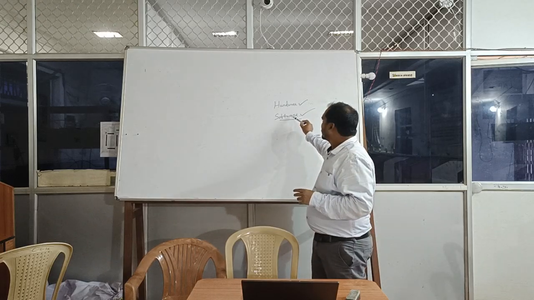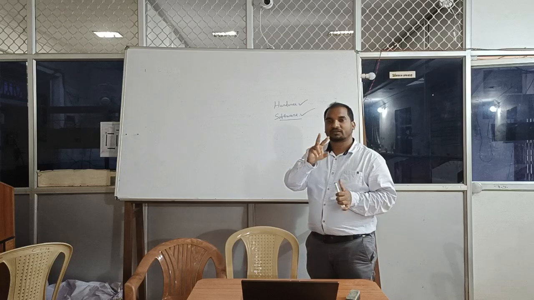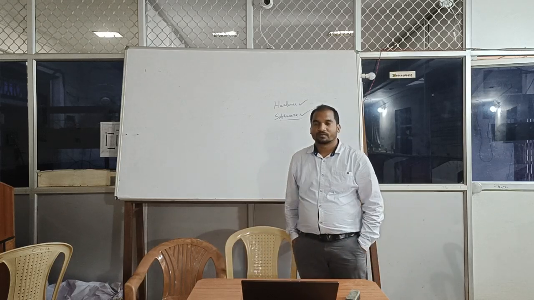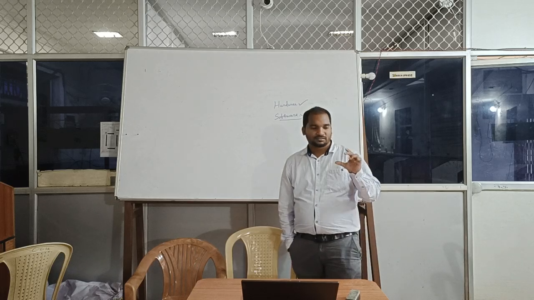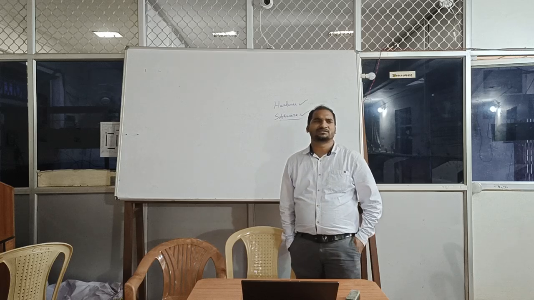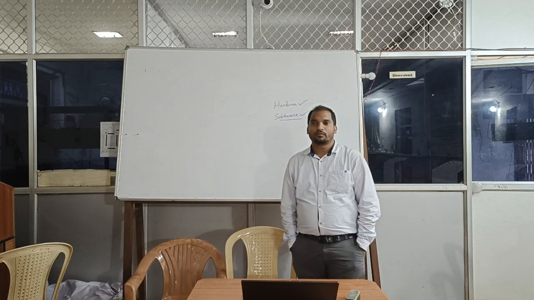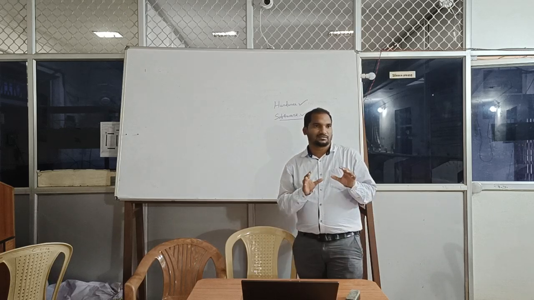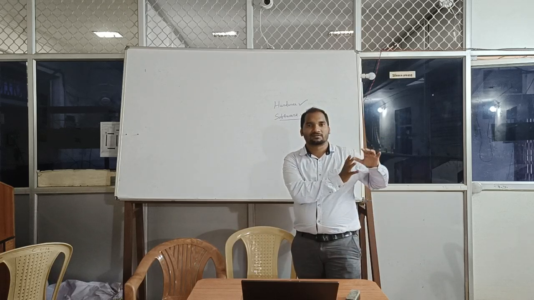Again, we come to software. That is also divided into two types: system software and application software. What is system software? When you purchase a new computer or desktop, it is, I can say, completely like a dead person.